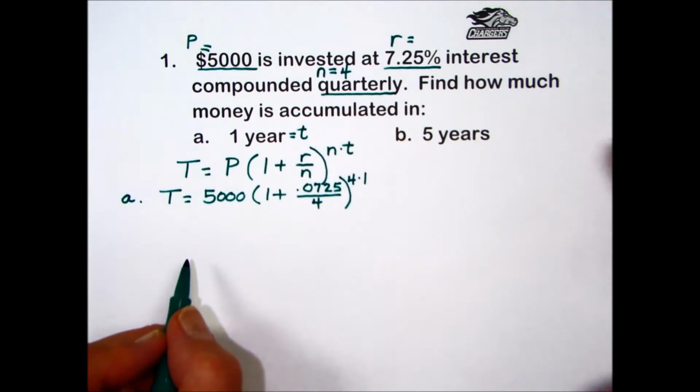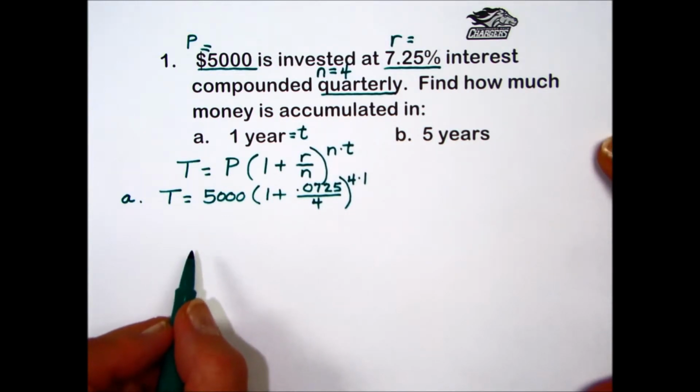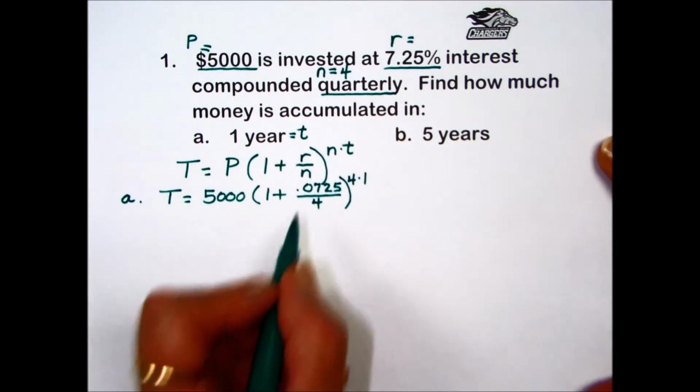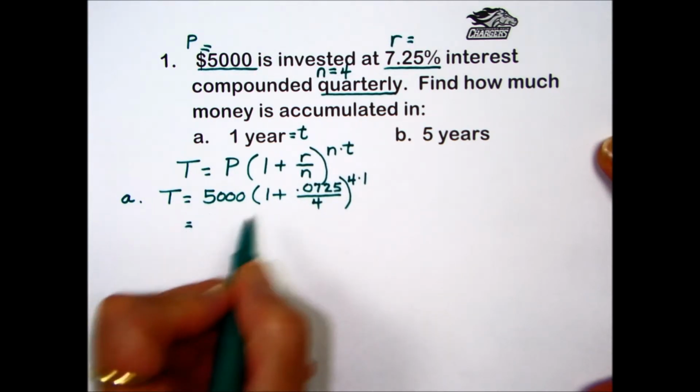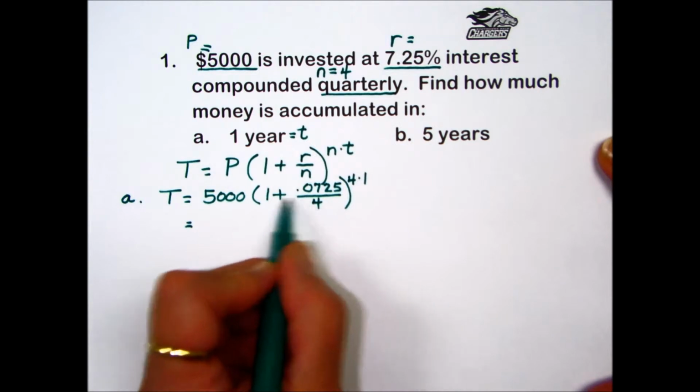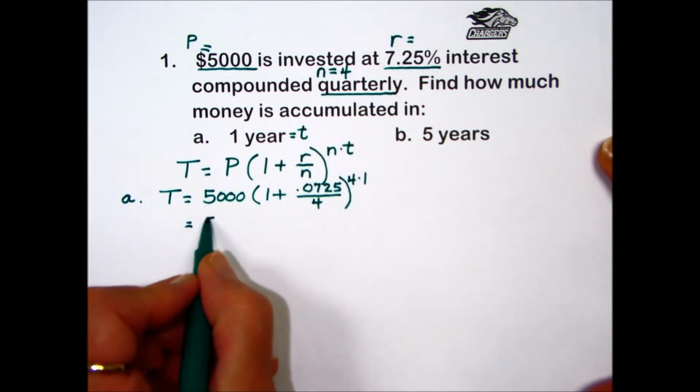Simplifying this, following the order of operations, we'll simplify inside the parentheses first, and the division is our first priority. Since there are 2 operations, division has a higher priority than the addition.